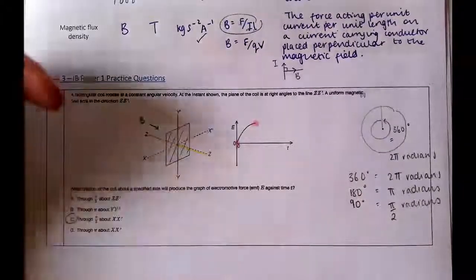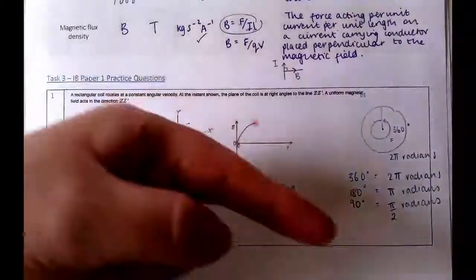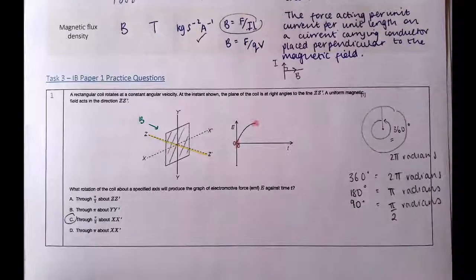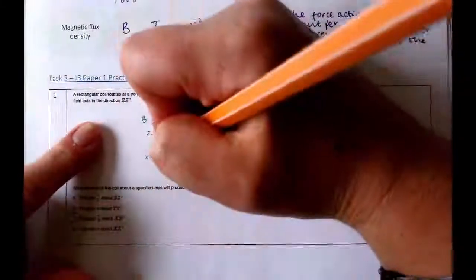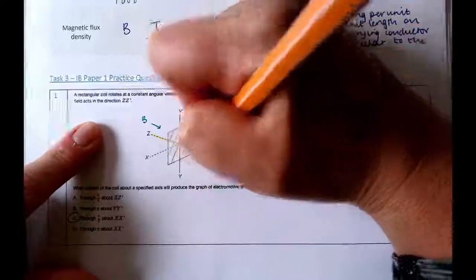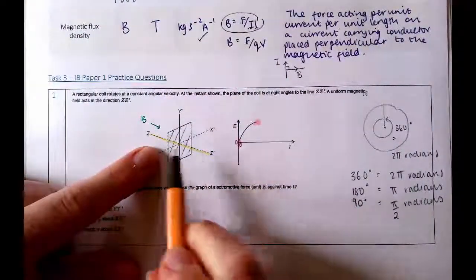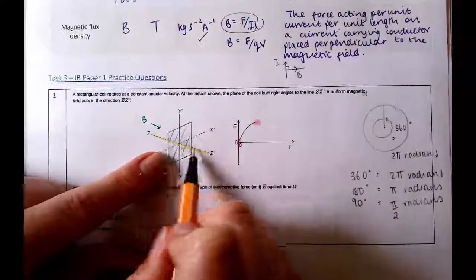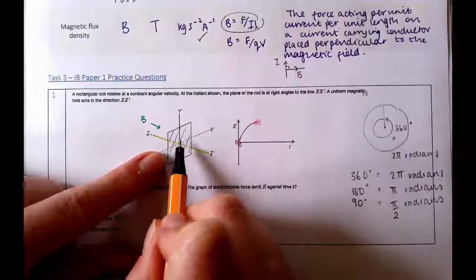So we know that the magnetic field is aligned with Z, Z dash. So what that tells us in reality is that we will have flux lines coming through, parallel to Z, Z dash. And so there are going to be flux lines cutting through this coil.